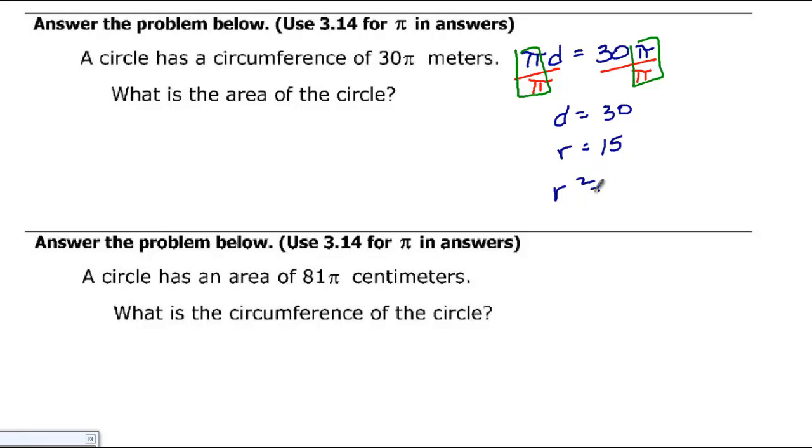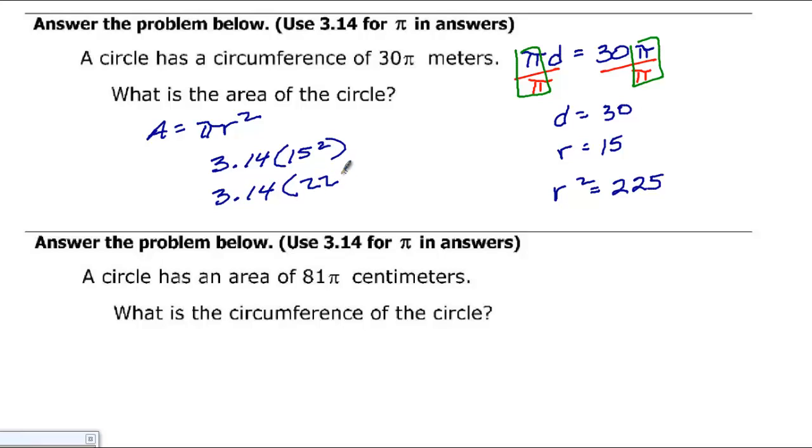R squared then is 15 times 15. That's 225. I need that because the area formula is pi r squared. So I'm going to have 3.14 times, I'll just do my steps, the 15 squared, which is 3.14 times 225.